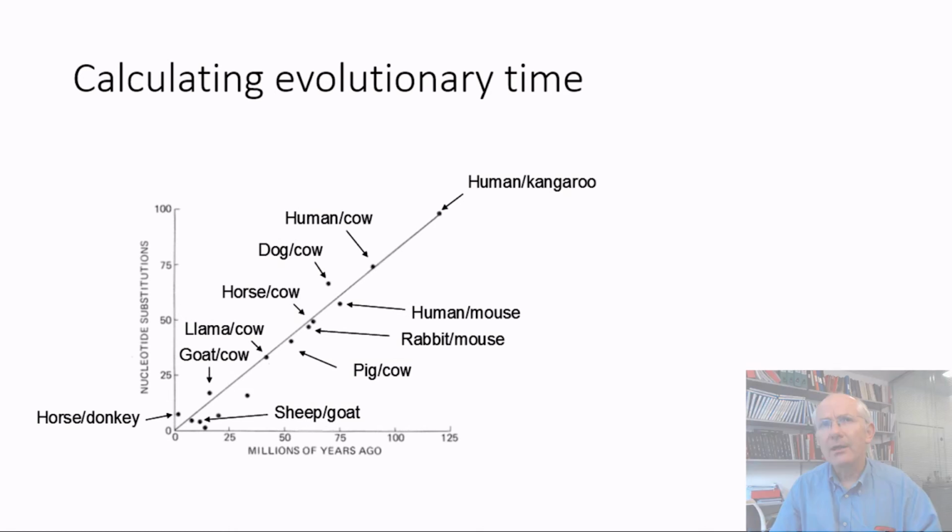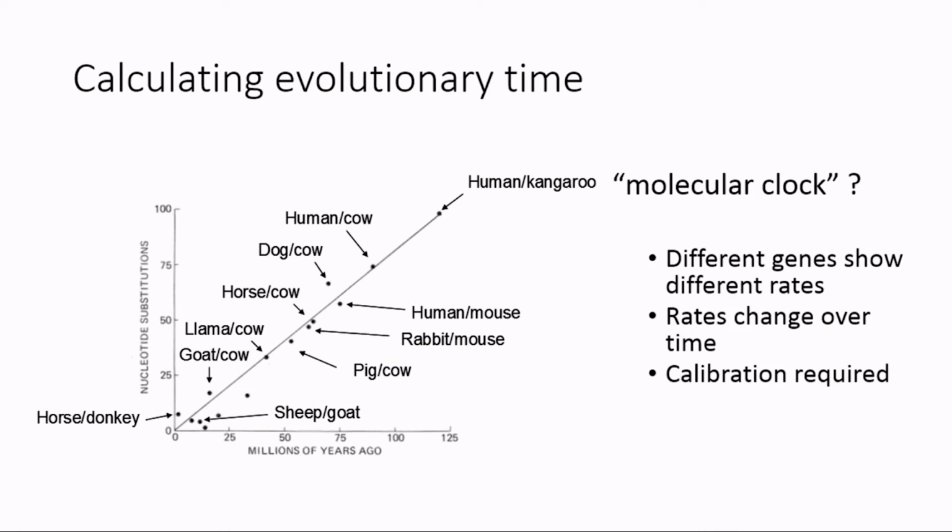And it's using that sort of information that enables people to generate molecular clocks, so that if we were to come across another mammalian species, we would be able to use this information to say what were its closest relatives and how long ago did it diverge from those relatives, with a fair degree of precision.